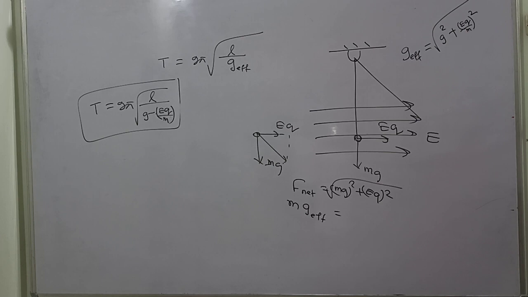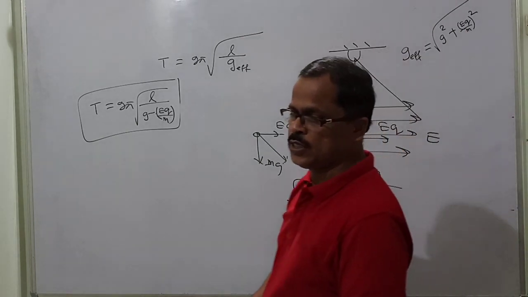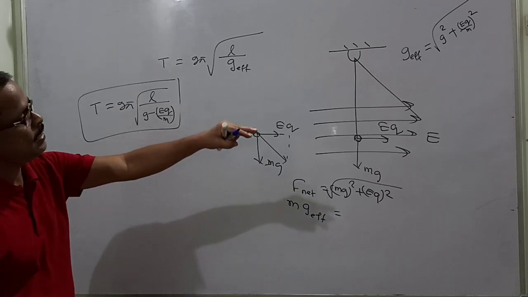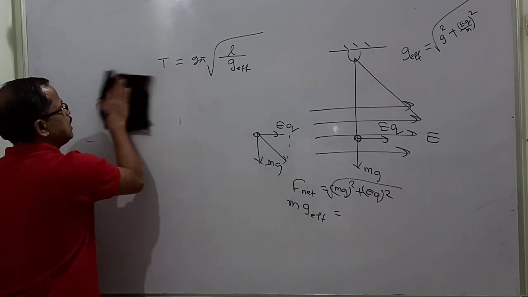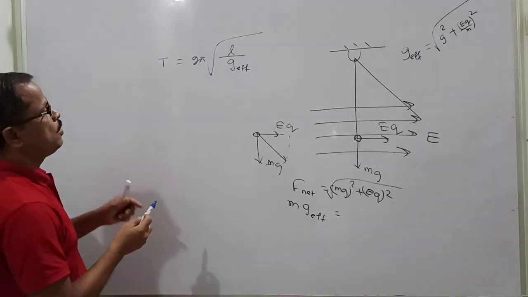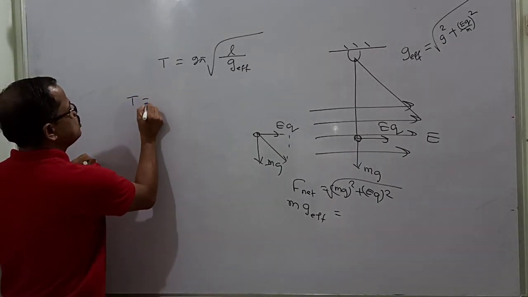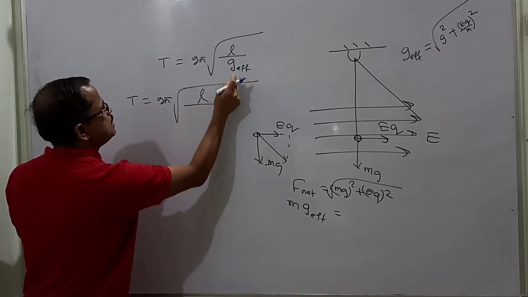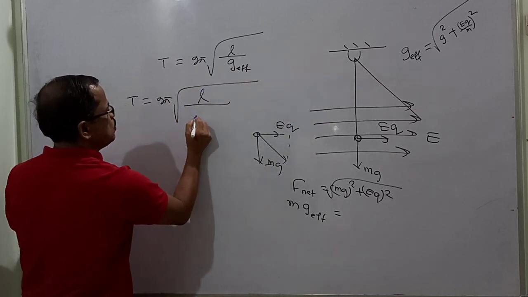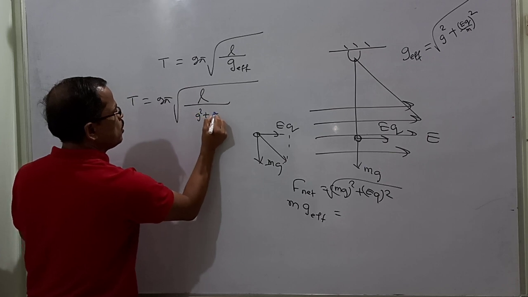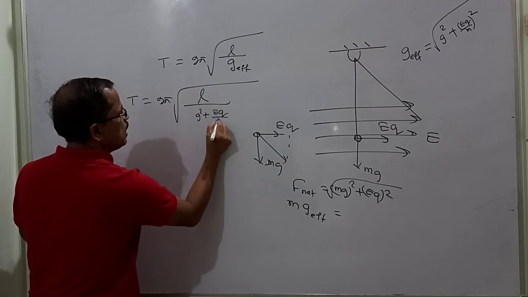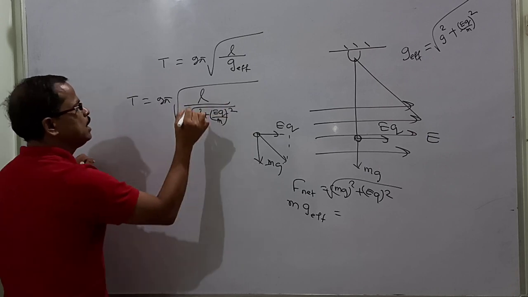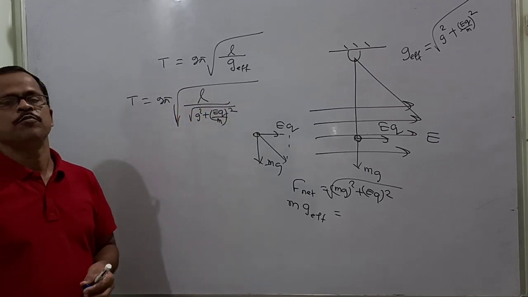This is the net g. Now the time period of a simple pendulum in a horizontal electric field is T equals 2π root over L by g effective, where g effective is √(g² plus (EQ by m)²). This is the time period of a simple pendulum.